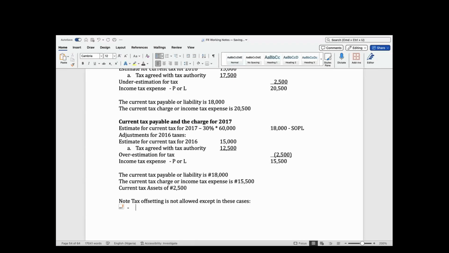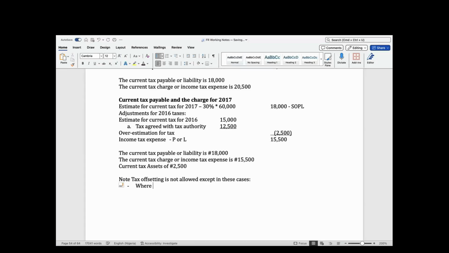Moses, I can see your hand. Sorry, I just want to quickly finish this point. Okay, when an entity has a legally enforceable right to offset.